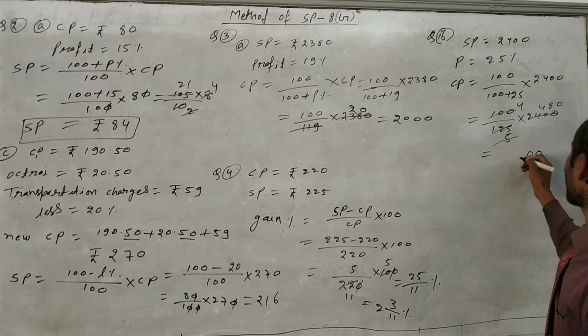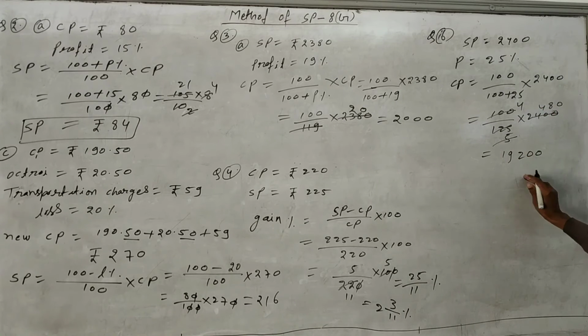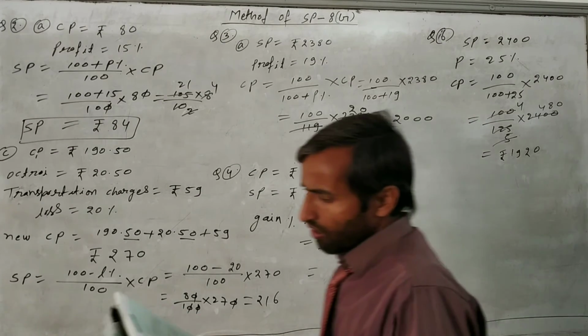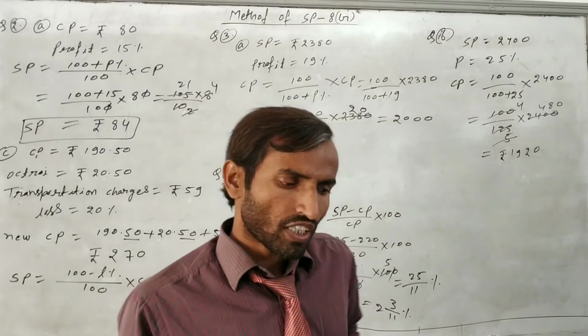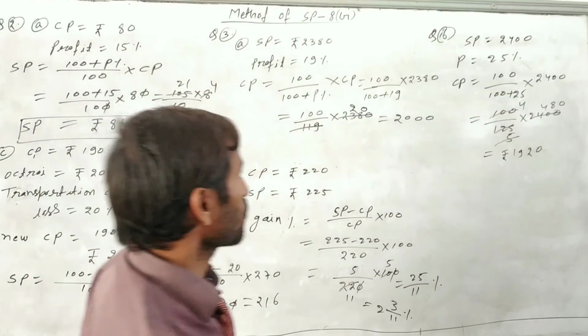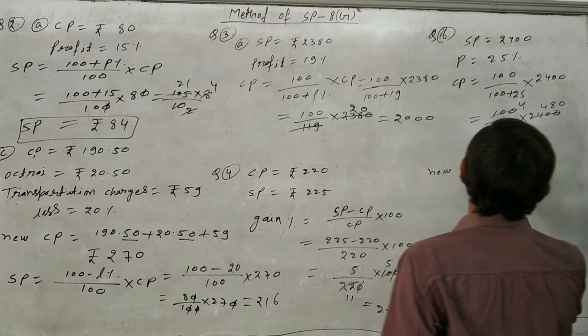So 0 and 8 4 the 32 carry 3, and 4 4 the 16 plus 3 is 19. It means here 1920 rupees is CP. Now the question says if he sells for 2040 rupees, so the new SP is equal to 2040.